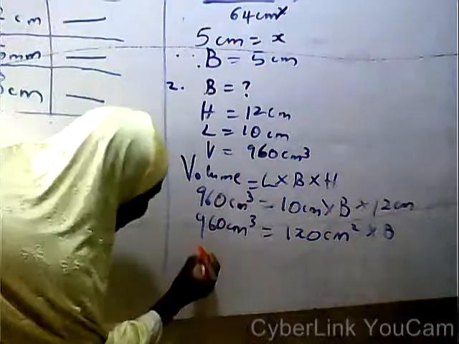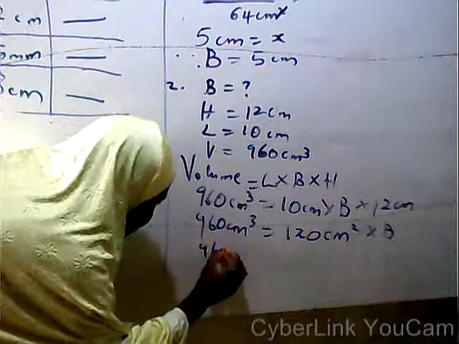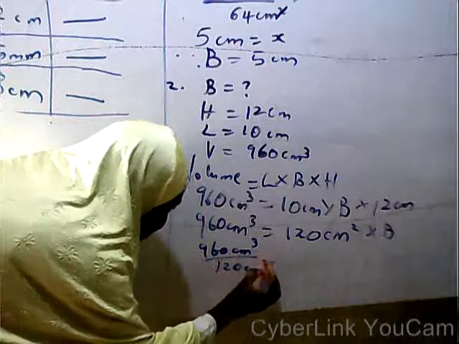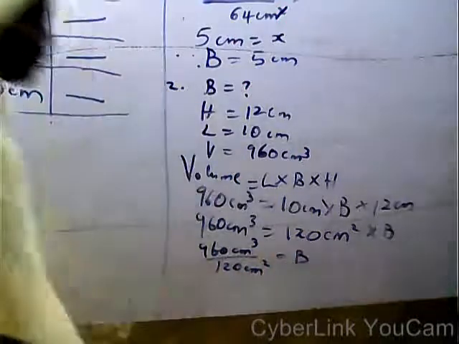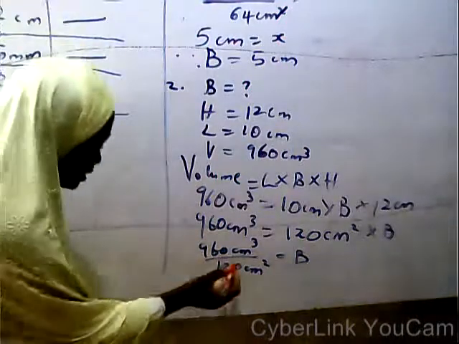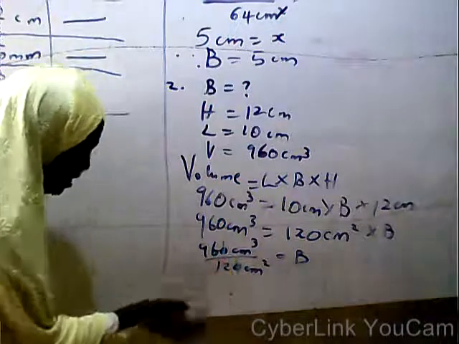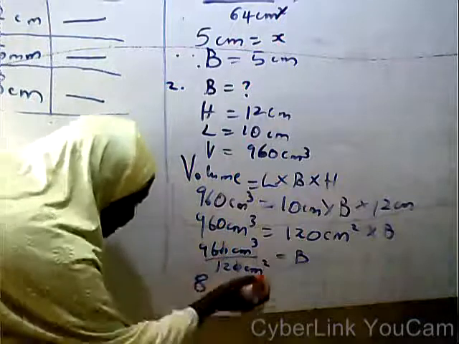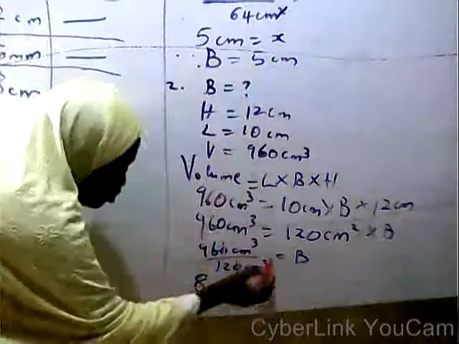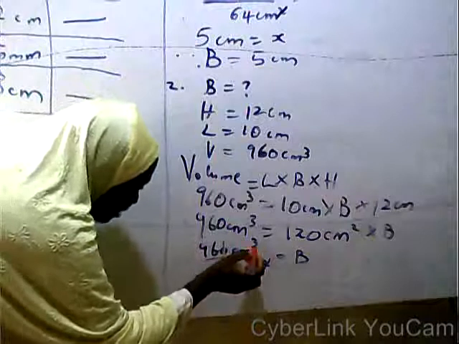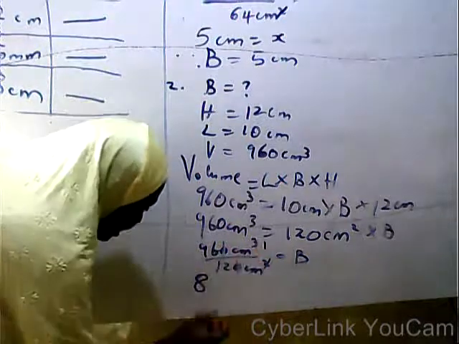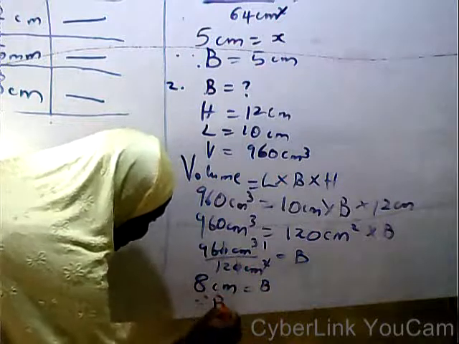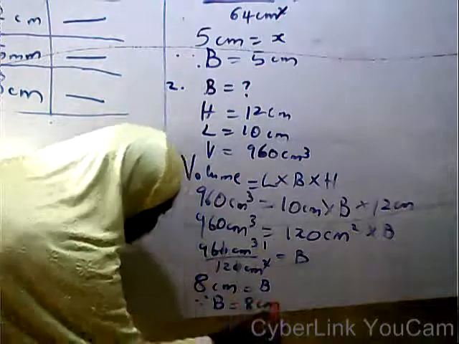When we divide, this one will now be 960 centimeter cube over 120 centimeter square equal to our base. This we cancel. How many 12 do we have in 96? That is 8. 8, like what I did here. 2 will go out. How many 2 do we have here? 1, remain 1. Not the centimeter, that is our base. Therefore, our base here is 8 centimeter.